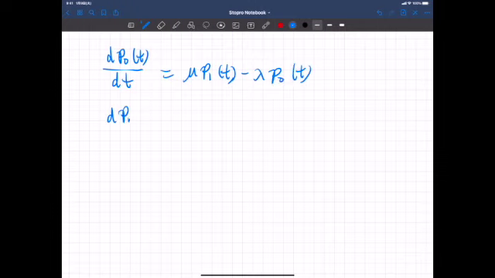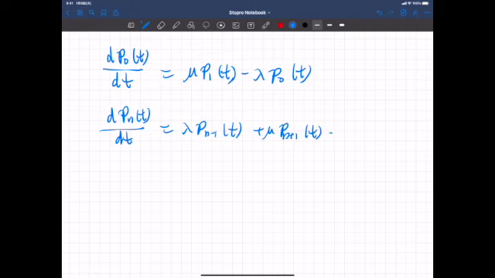And for general n, we have lambda p n minus 1 of t plus mu p n plus 1 minus lambda plus mu p n of t. So these are the differential difference equations that the Q process should satisfy.